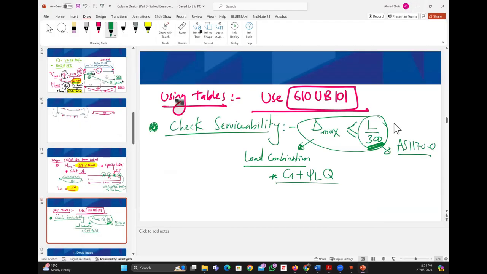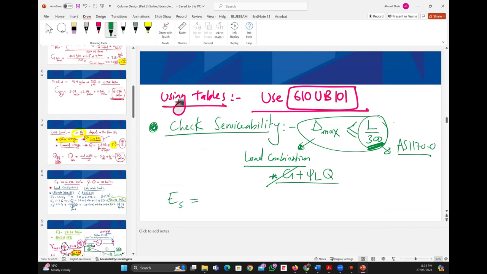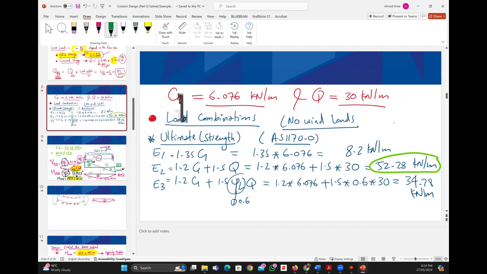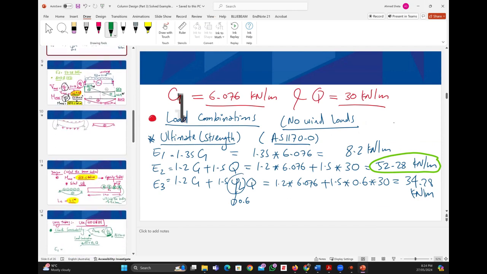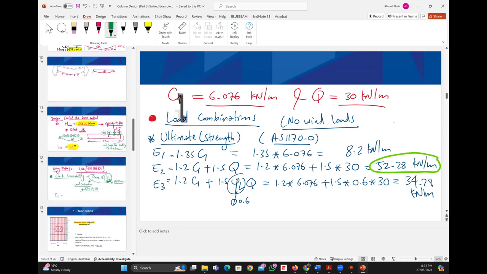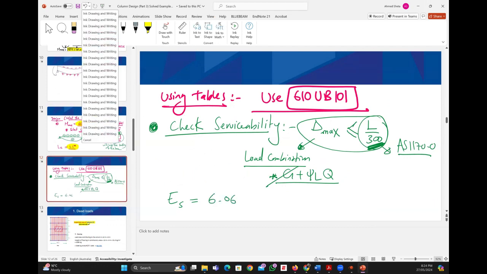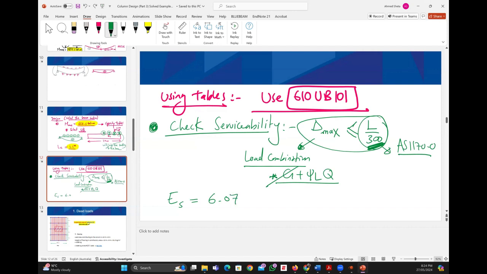So how much was G? For serviceability, G was equal to, if you remember, 6.07 and Q was 30. So it will be 6.067, or 6.7, sorry, plus how much is psi L? 0.6, and this is 30.